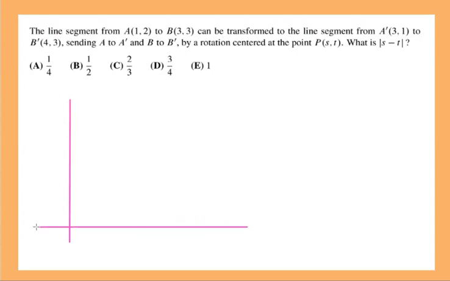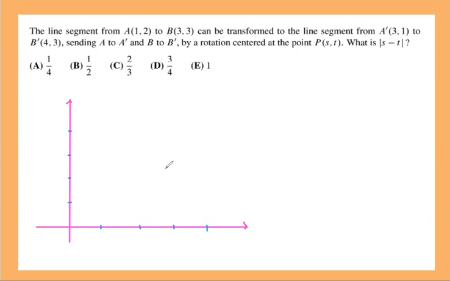So let's think of this as our coordinate plane, right? And then 1, 2, so 1 is right here, and 2 is right there, and 1, 2, 3, 4, and that would be 3 and 4.